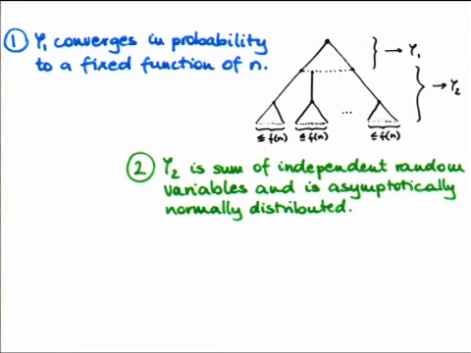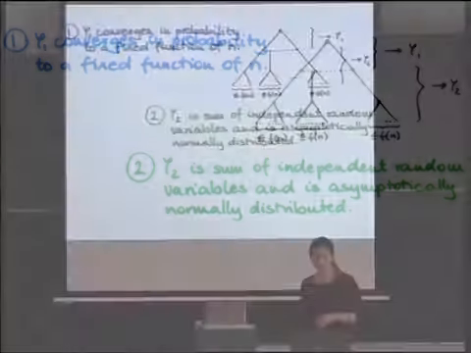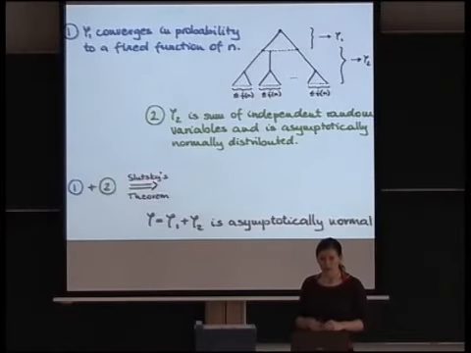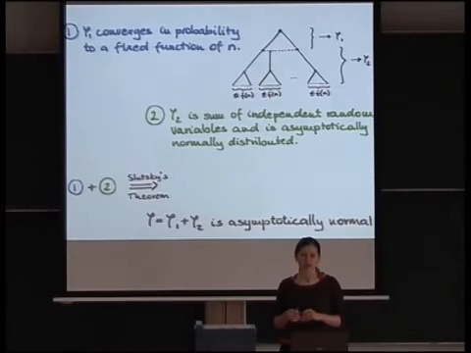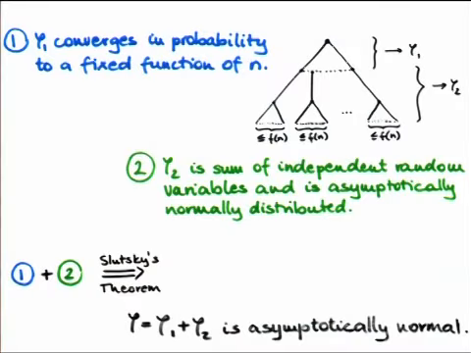Secondly, the contributions of the pendant subtrees are independent, and so we can apply a version of the central limit theorem for double arrays of variables to see that phi2 is asymptotically normal. Finally, we can combine these two results and use Slutsky's theorem to conclude that phi is asymptotically normal as required.